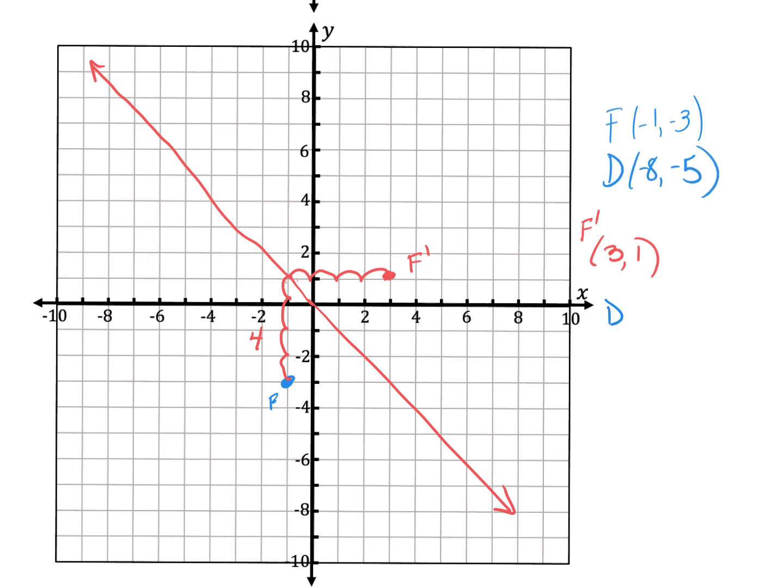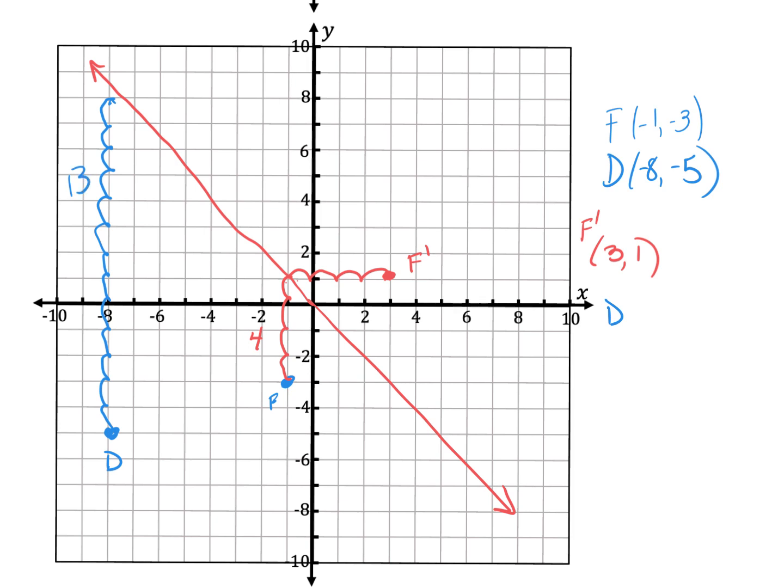Okay, so negative 8, negative 5. This is D. And you'll notice we're going up quite a bit. So 1, 2, 3, 4, 5, 6, 7, 8, 9, 10, 11, 12, 13. Oh, that's 13.